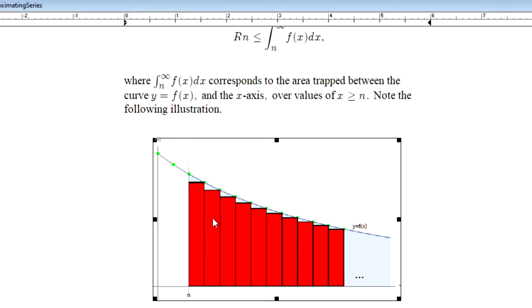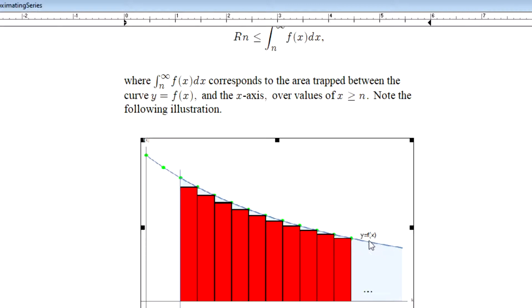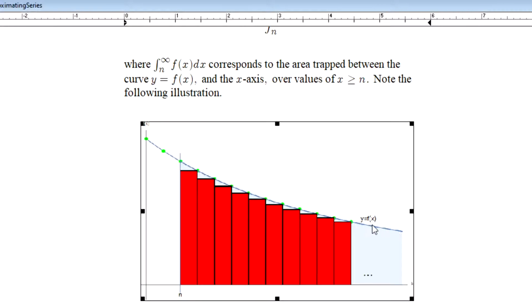Right? The way we're going to approximate the area in all the red bars is we're actually going to use the function y equals f of x, right? That describes the explicit function of the kth term in our infinite series, right?